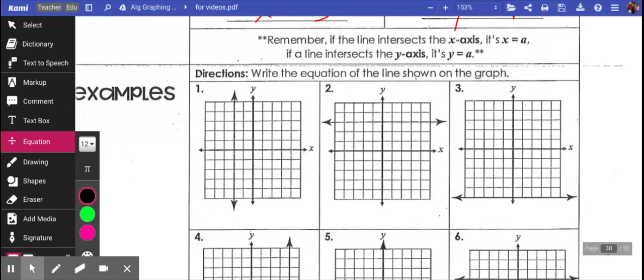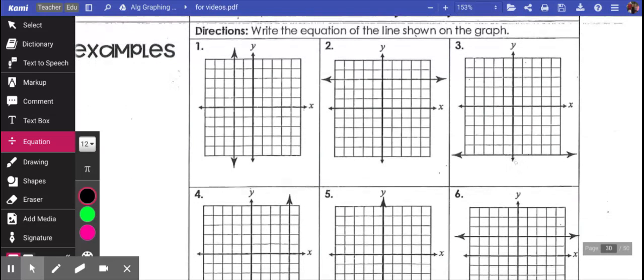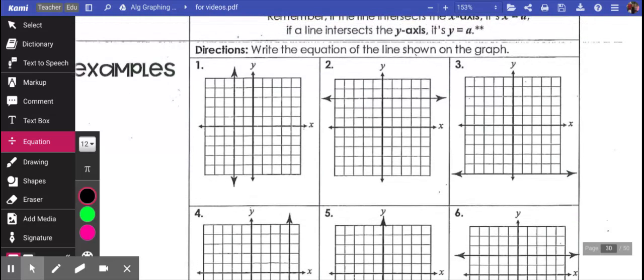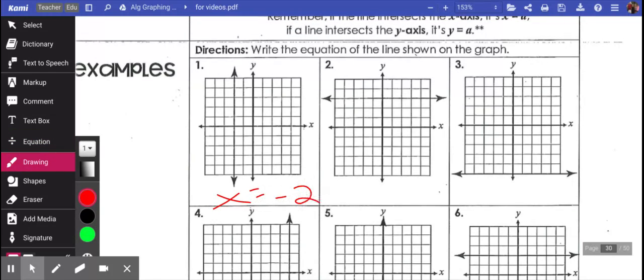So let's just go ahead and go through some of these. You can pause them and do them yourself. This is going to be x equals -2. This one's going to be y equals 3. This one is y equals, and the line's down here, -5.